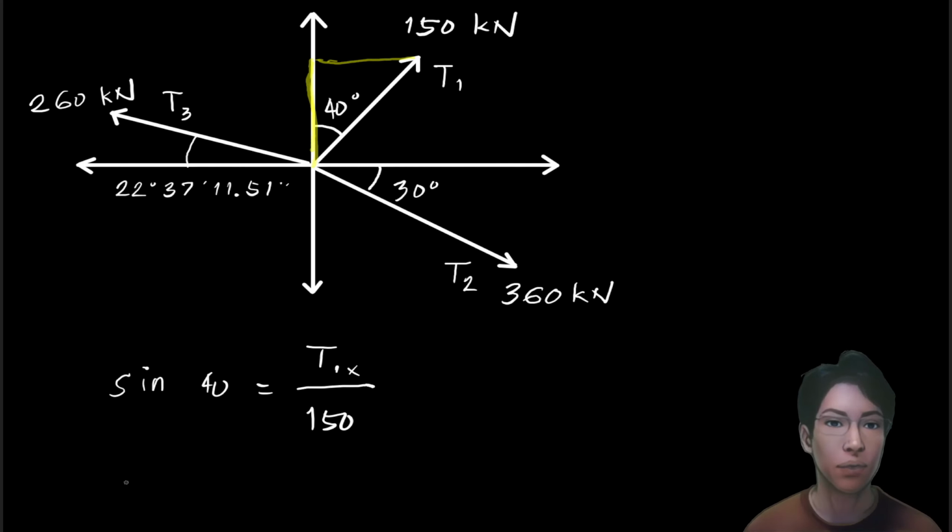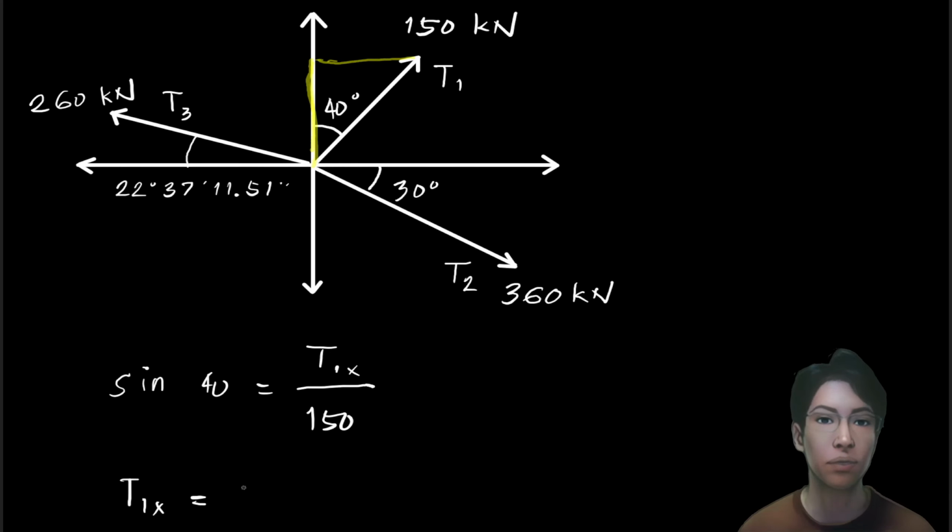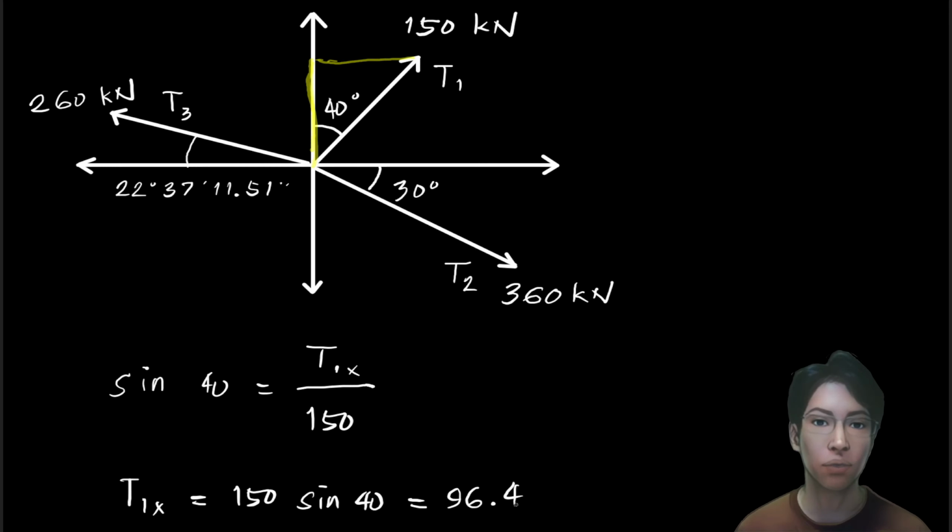T sub 1 x is now equivalent to 150 sine 40, and that is 96.41814. For the y component, let me put the label here.